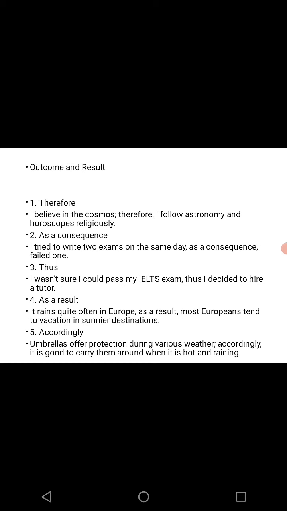Third is thus. I was not sure I could pass my IELTS exam. Thus, I decided to hire a tutor for this. Fourth is as a result. Their example is: it rains quite often in Europe. As a result, most Europeans tend to vacation in sunnier desert destinations. Fifth is accordingly. Their example is: umbrellas offer protection during various weather. Accordingly, it is good to carry them around when it is hot and raining.